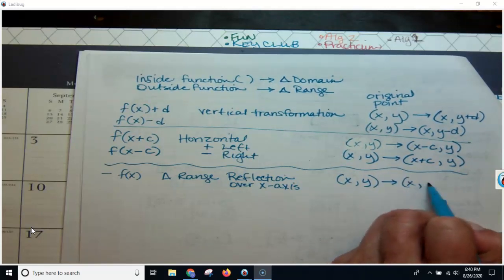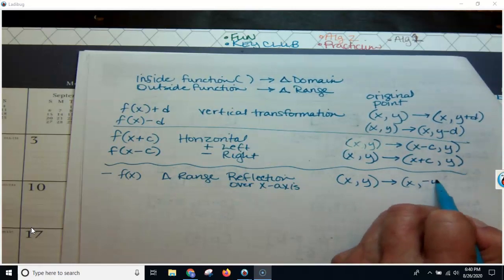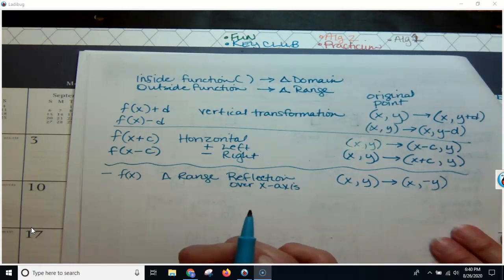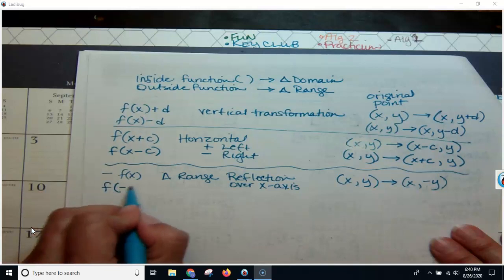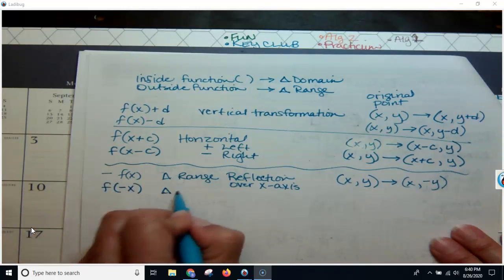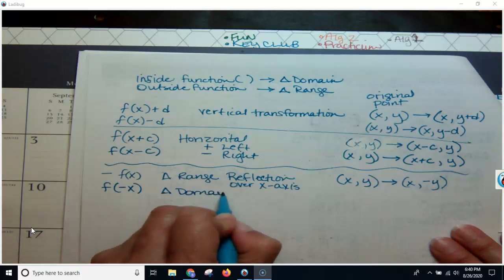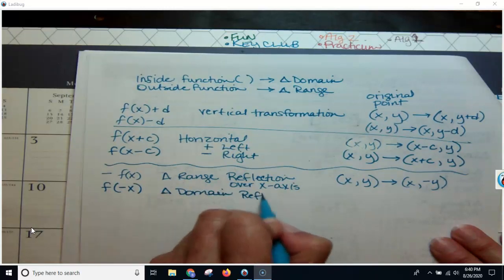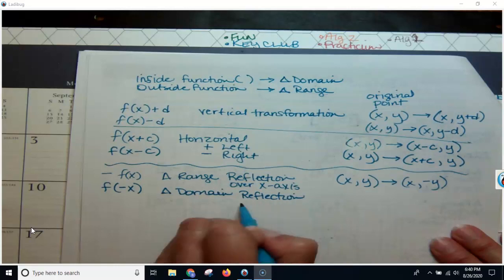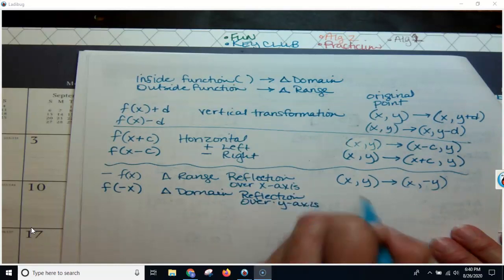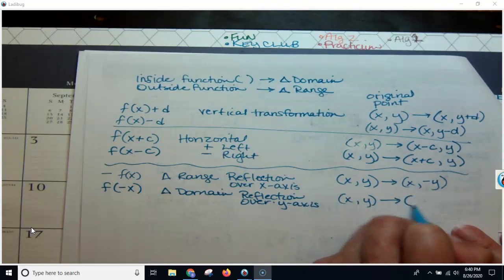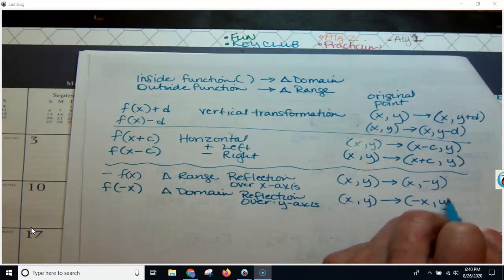So your x stays the same. Remember, we're changing the range. The y just becomes negative. Then if we have f of negative x, this would be a change in your domain. It's a reflection over the y-axis. So x, y would become negative x, y.